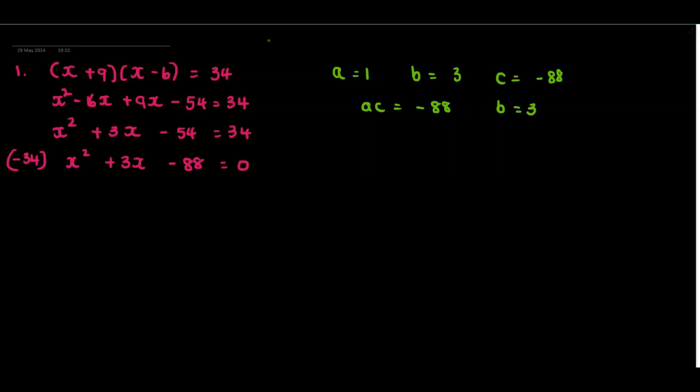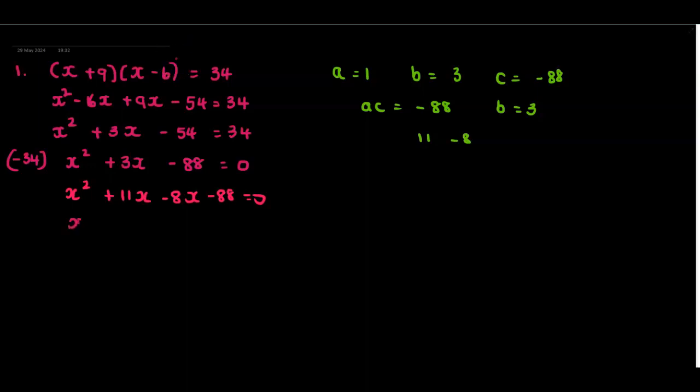So we can already use the factors of 88, which will give us a sum of 3. It will be 11 and negative 8. So this now becomes x squared plus 11x minus 8x minus 88 is equal to 0.